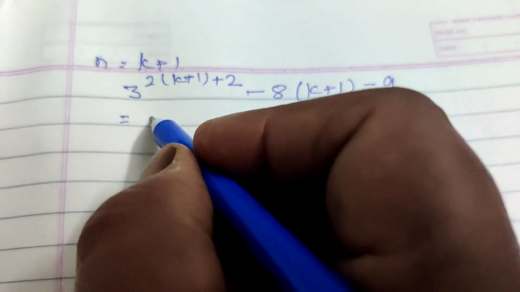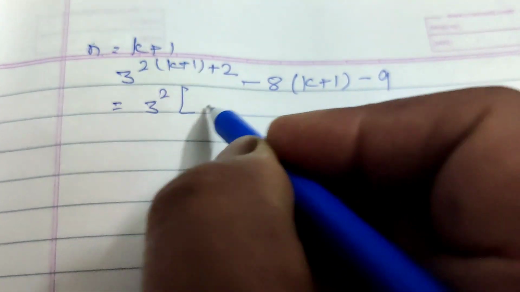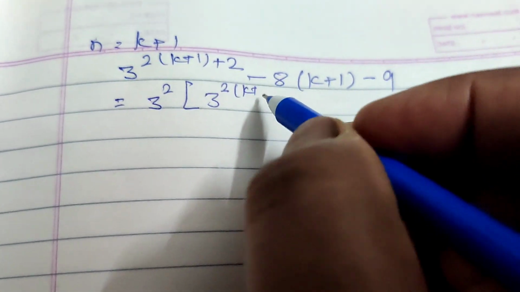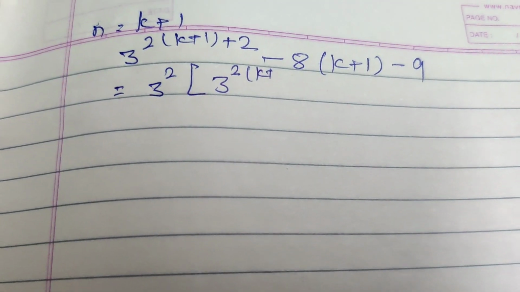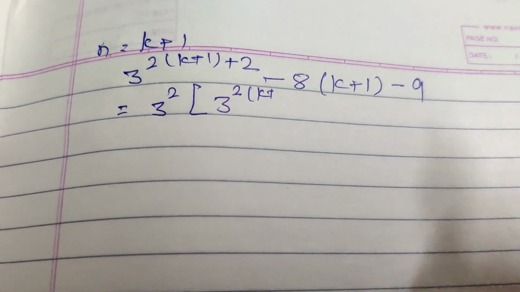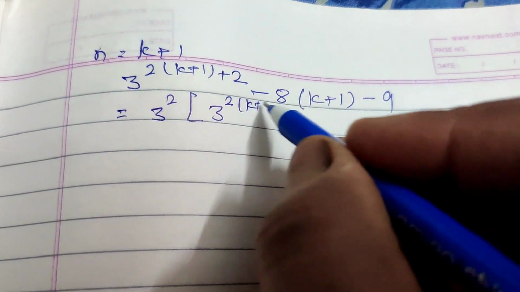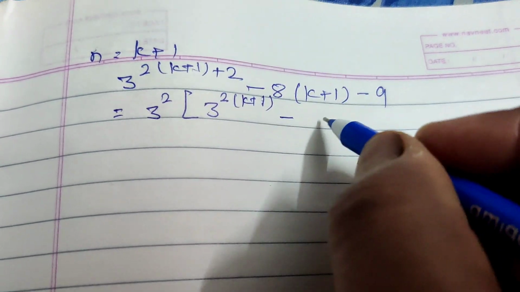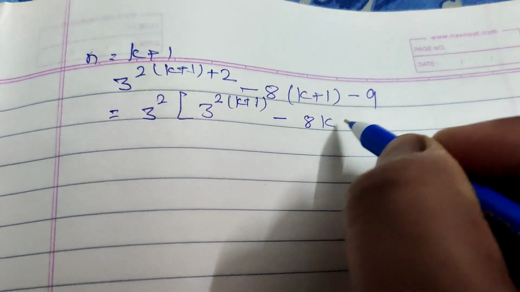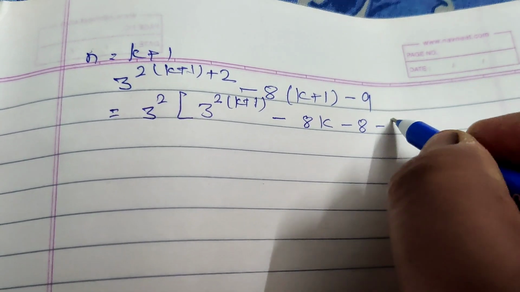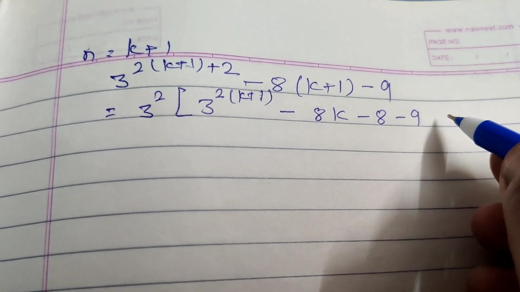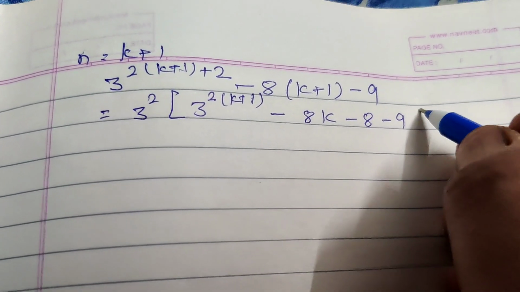So we can write 3 raised to power 2 times k plus 1 plus 2, which is 3 raised to power 2k plus 2 plus 2, minus 8k minus 8 minus 9.